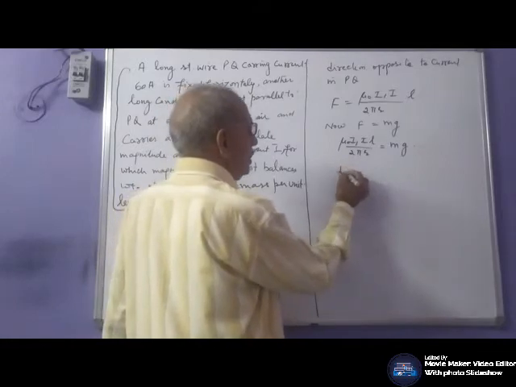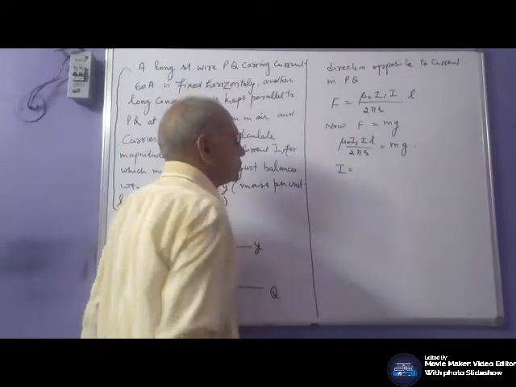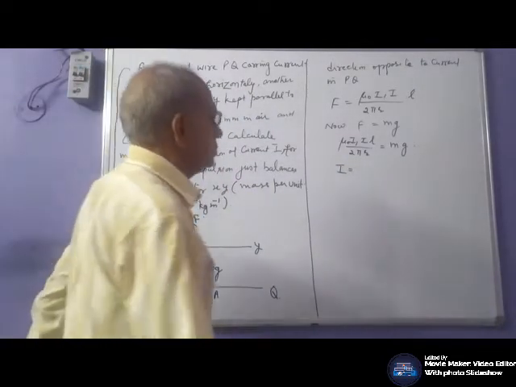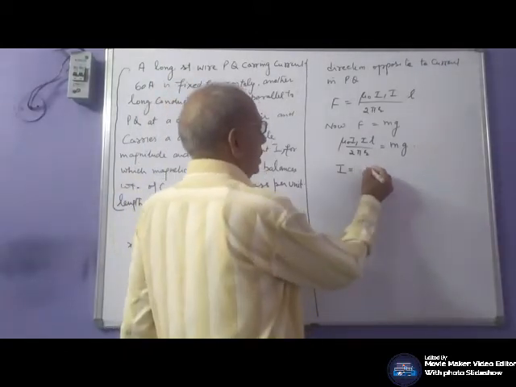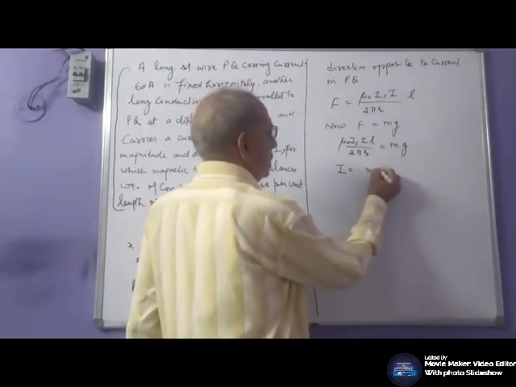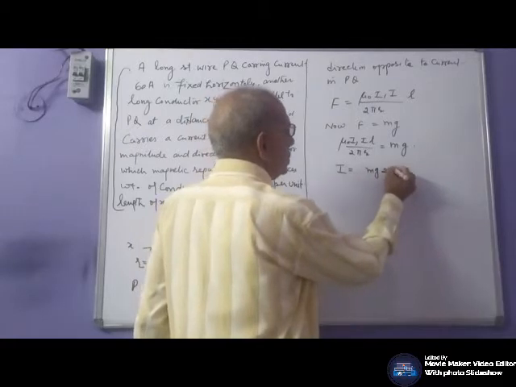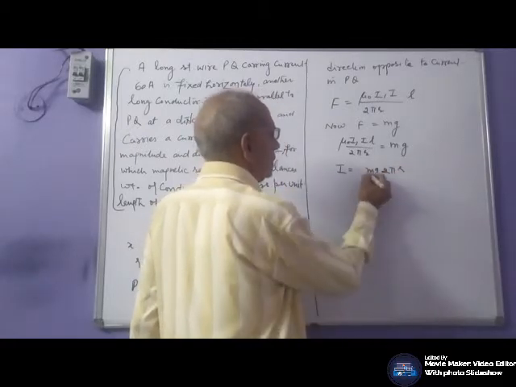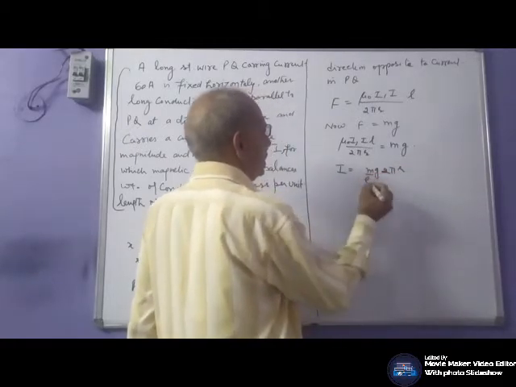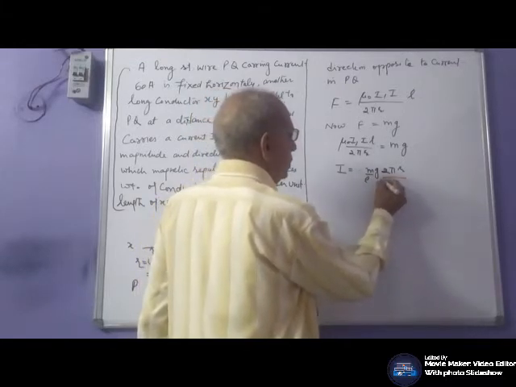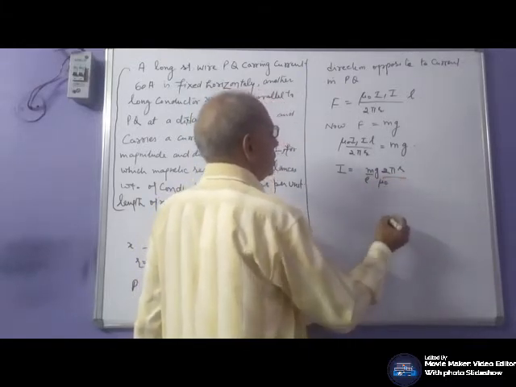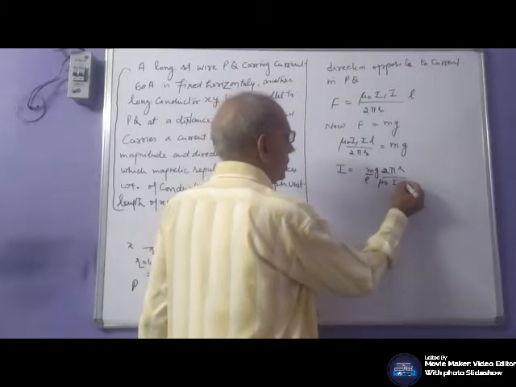We have to calculate I. I will be mg 2 pi r over L mu naught I1.